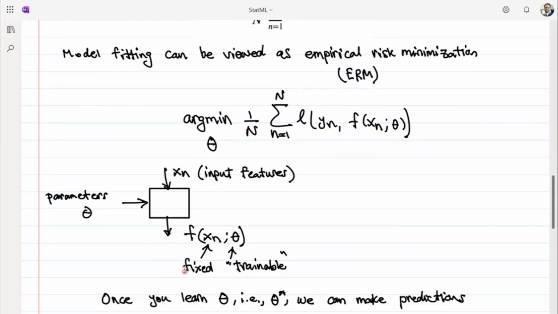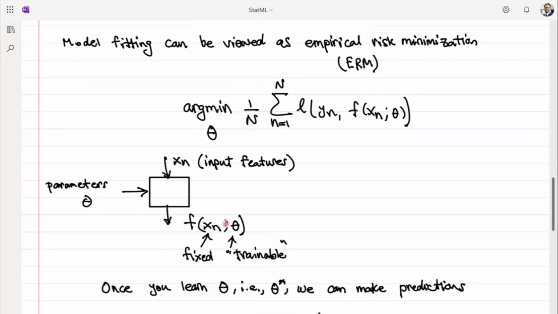And therefore, there is really nothing to optimize for xn. That's given to us. The only thing that we really want to optimize here is how we should process or transform the data. So you can say that these predictions are a function of both xn and theta, but xn is fixed and theta is what we call, especially in deep learning language, trainable.